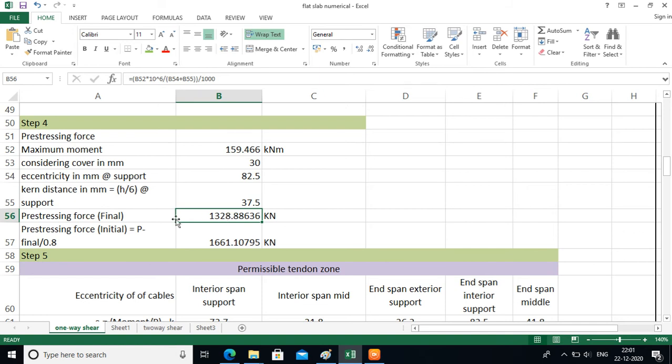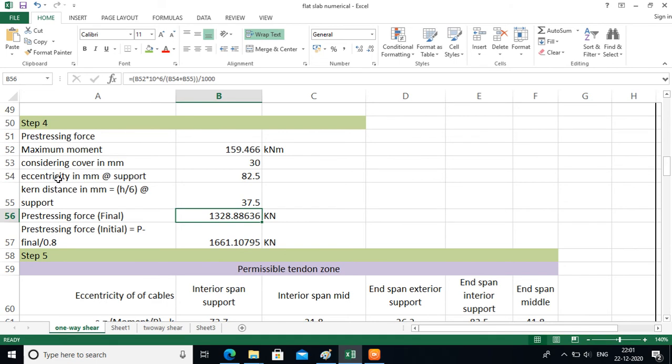So for the initial value of the prestressing force, we need to increase it by 20%. So P initial is P final divided by 0.8. This is the initial prestressing force value, and this is the final prestressing force value.